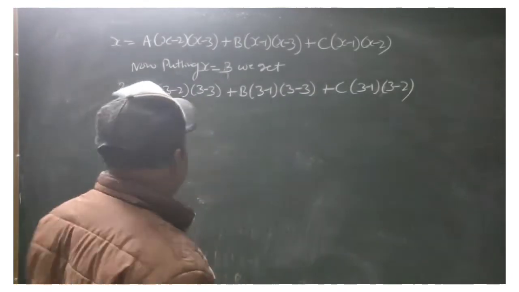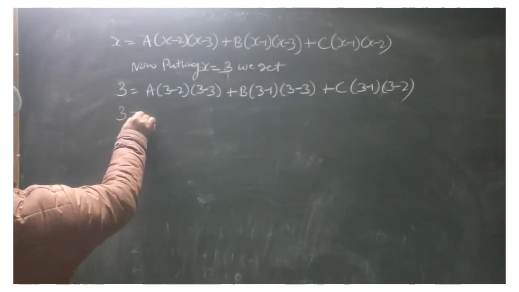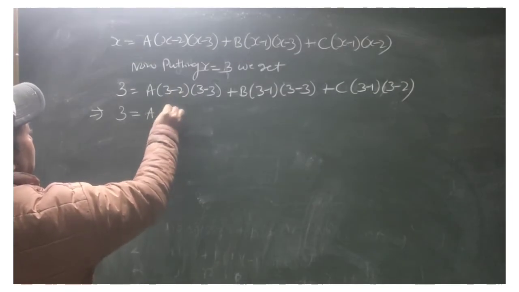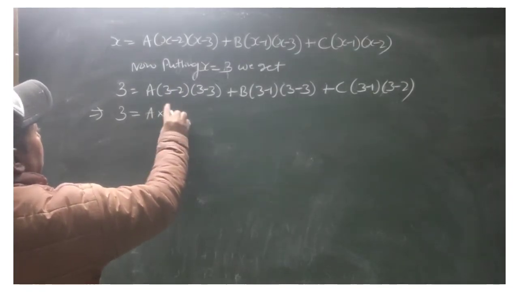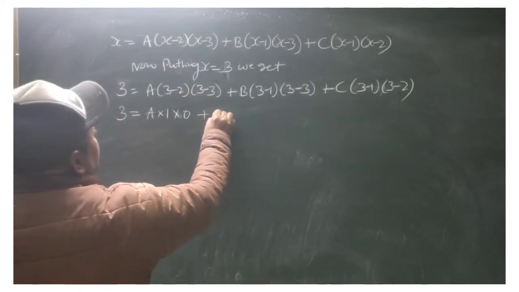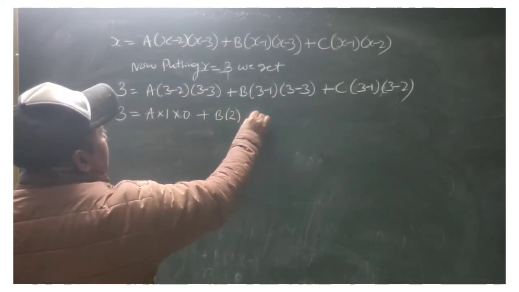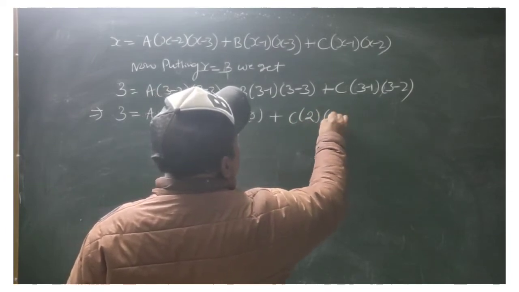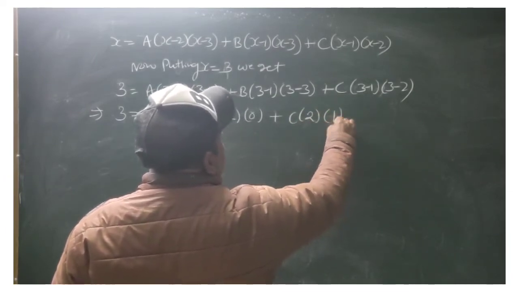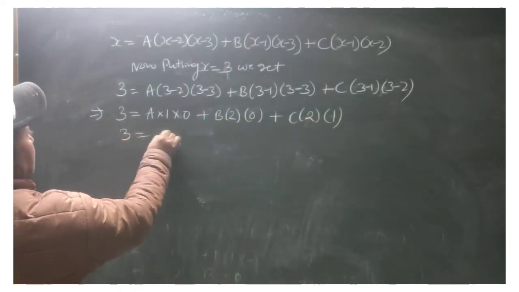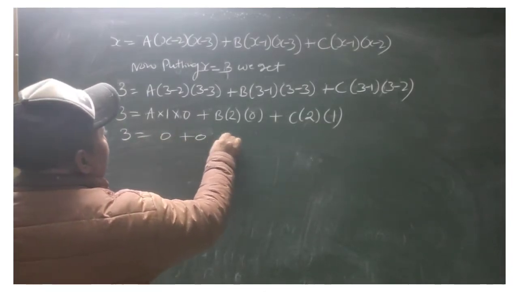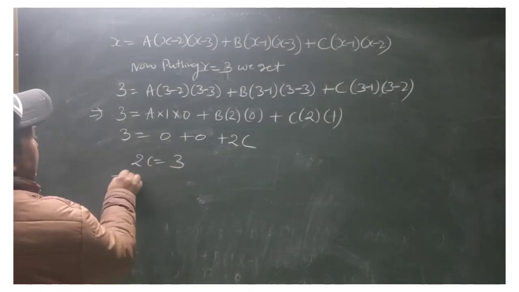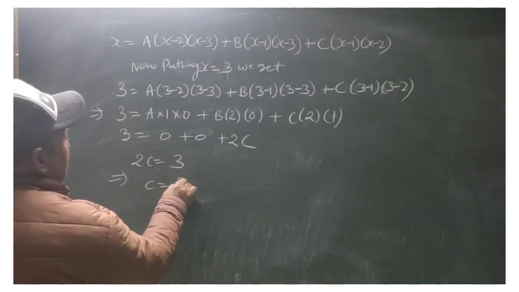We get 3 is equal to A into 1 into 0 plus B into 2 into 0 plus C into 2 into 1. That is 3 is equal to 0 plus 0 plus 2C, so 2C is equal to 3. This implies C is equal to 3 by 2.